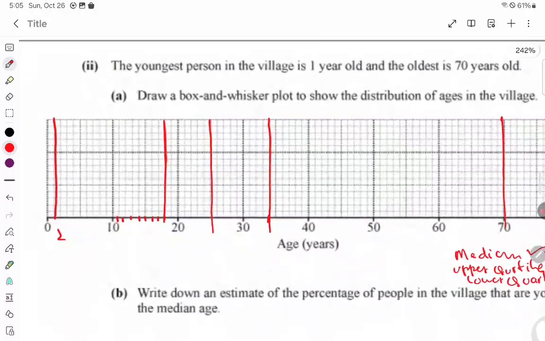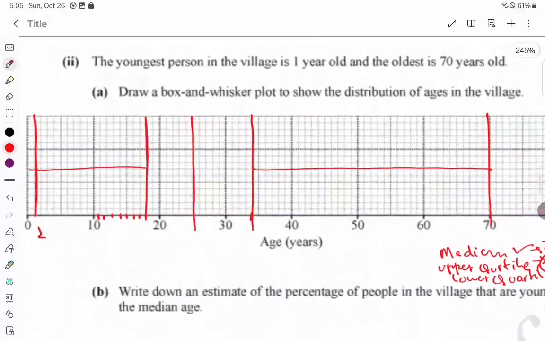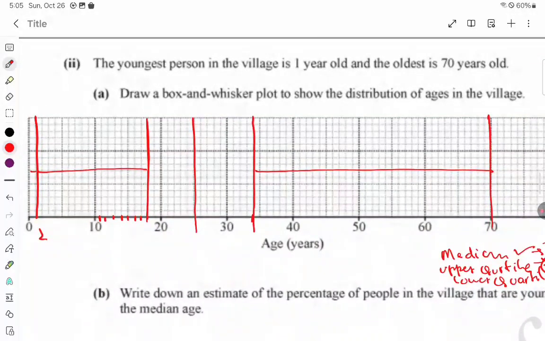Simply join the lines. And that's how you make a box and whisker plot.